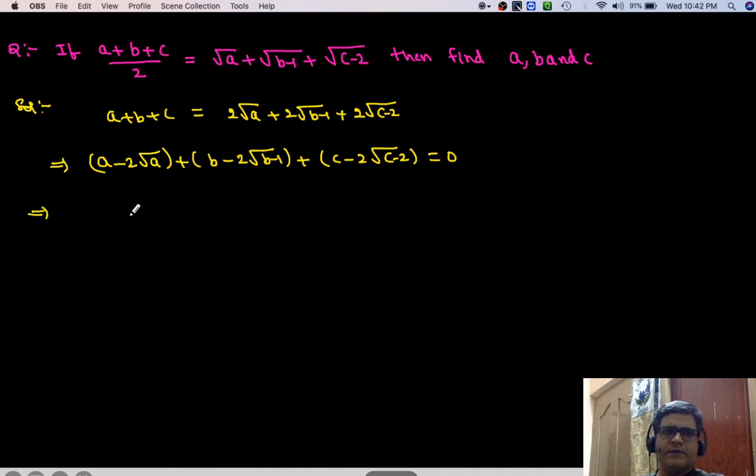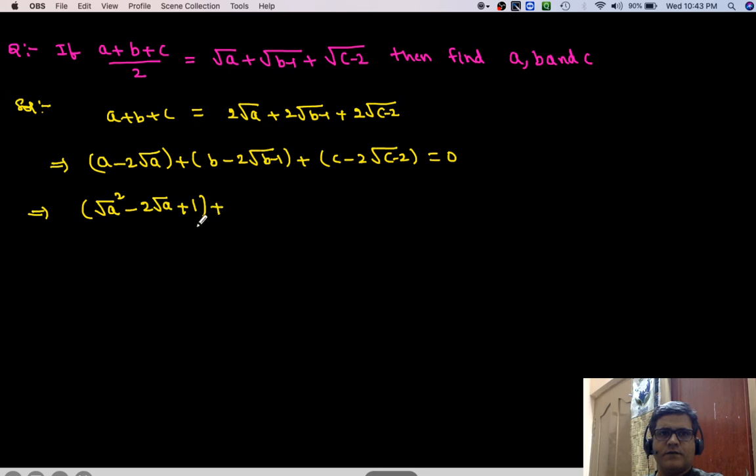This implies here this a can be written as (√a)² − 2√a. Here, to make it a perfect square, you add 1 first. Here we added 1, so we need to subtract 1 also.